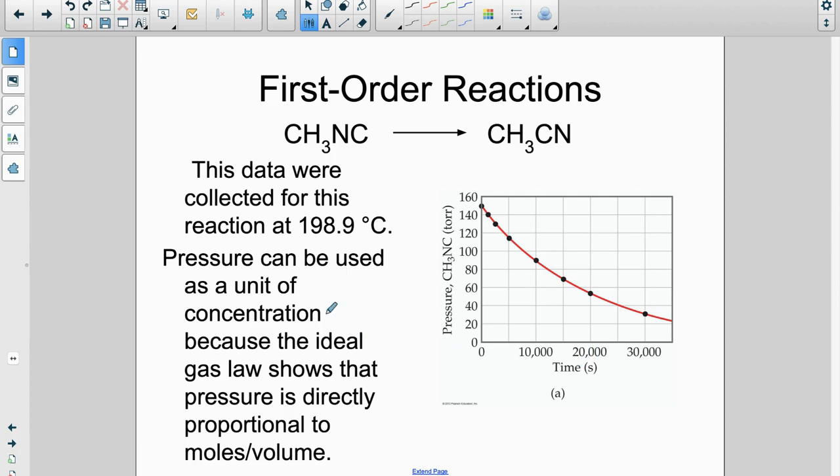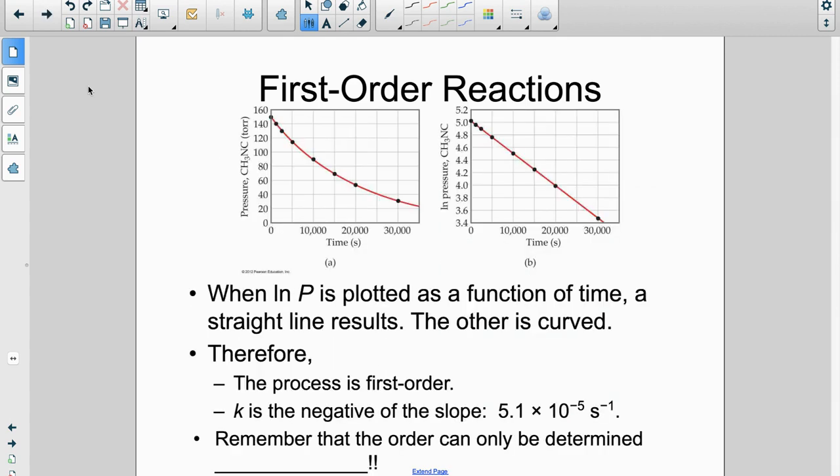We can use pressure as concentration again, because as we saw before, pressure is proportional to the concentration. So once we get that line, when we plot the pressure versus time, here we get a curved line. When we plot the natural log of pressure versus time, we are getting a straight line.